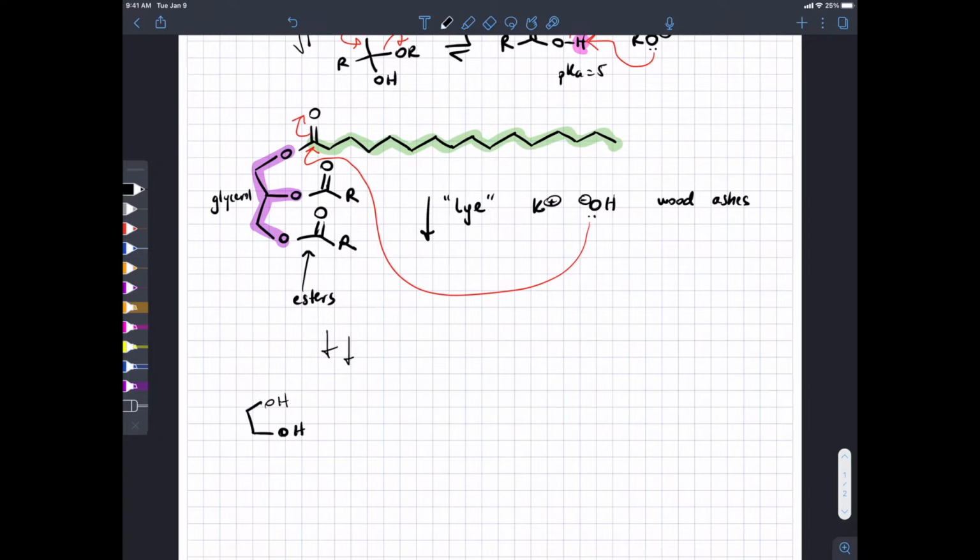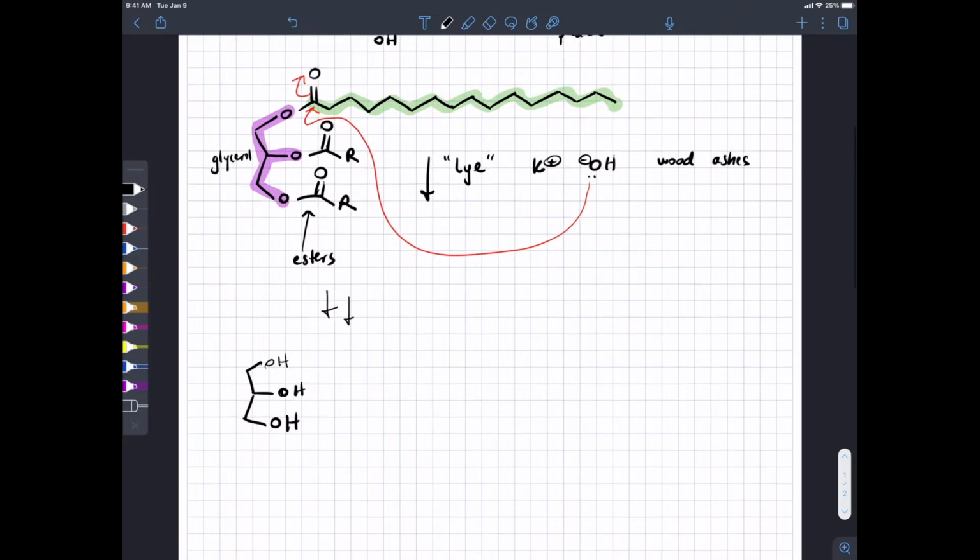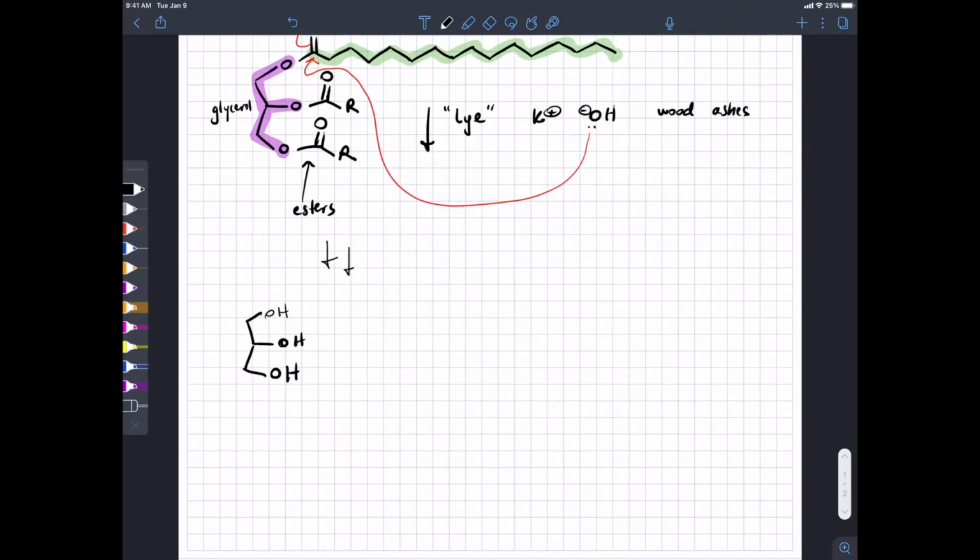I don't know that our soap making ancestors did anything with it, but the really useful thing is the long chain fatty acid carboxylate that you get after the saponification reaction.